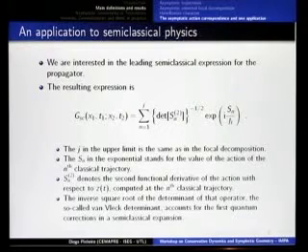S_n in the exponential is the action for the n-th trajectory connecting the two points, x1 and x2. S_n'' is the second functional derivative of the action with respect to z, computed at this classical trajectory. And the inverse square root of the determinant is called the Van Vleck determinant, and it's the first correction for the semi-classical expansion.